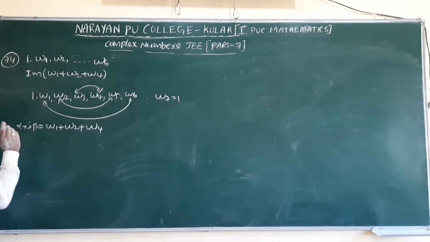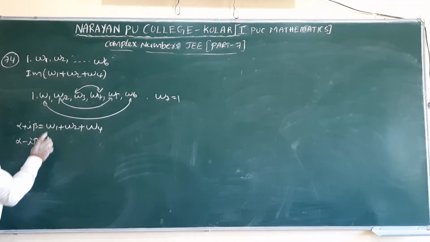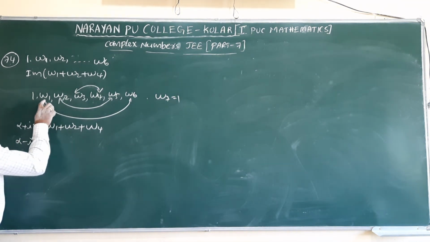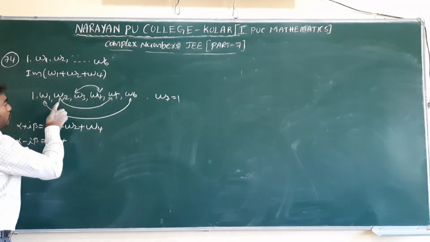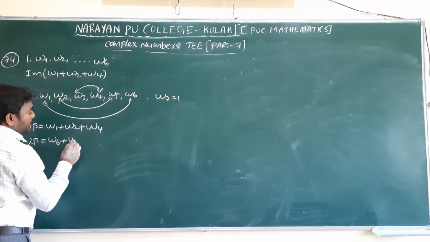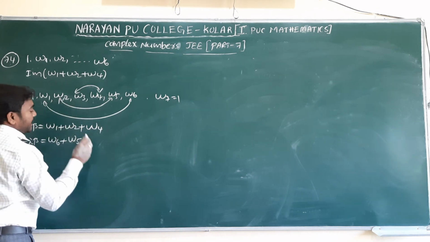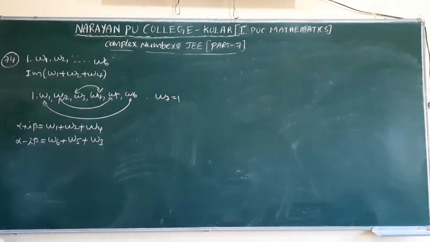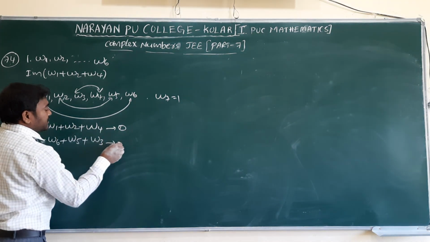The conjugate, alpha minus I beta, is equal to: the conjugate of omega 1 is omega 6, the conjugate of omega 2 is omega 5, the conjugate of omega 4 is omega 3. Call these equation 1 and equation 2.